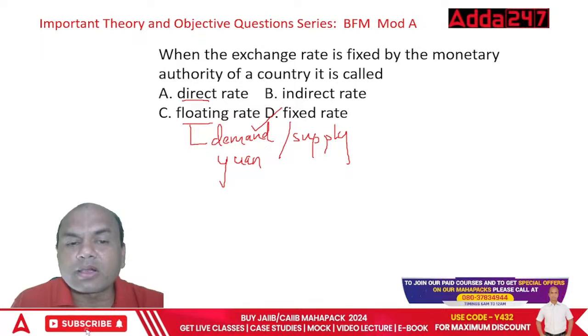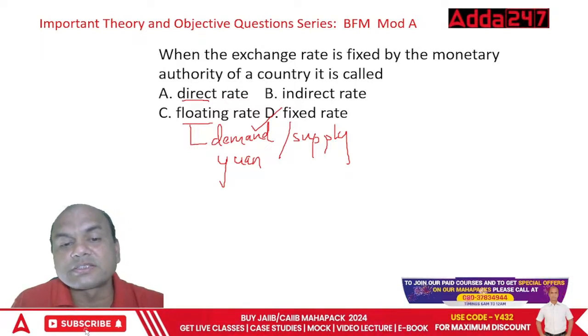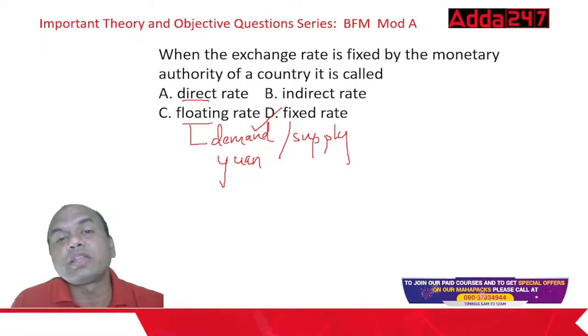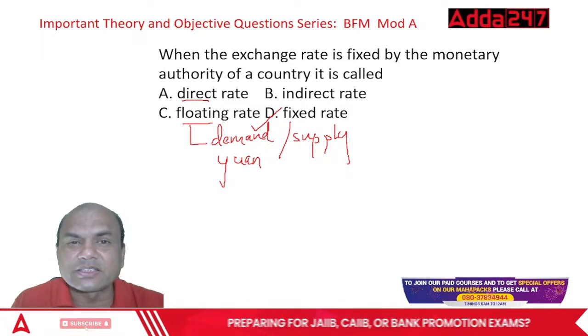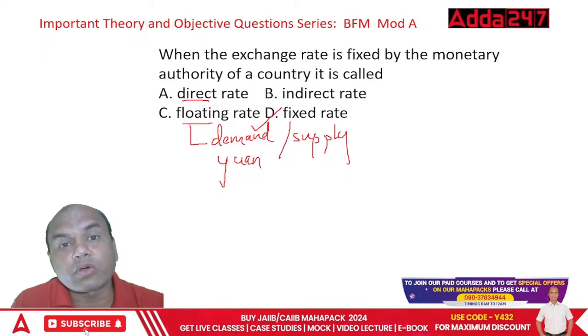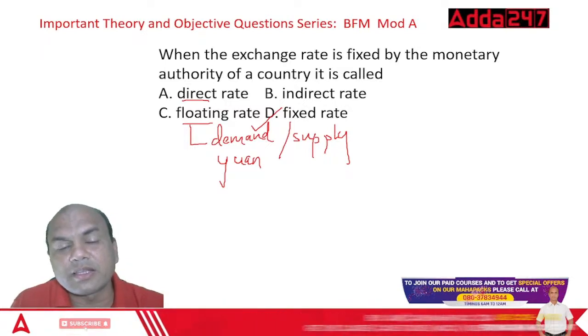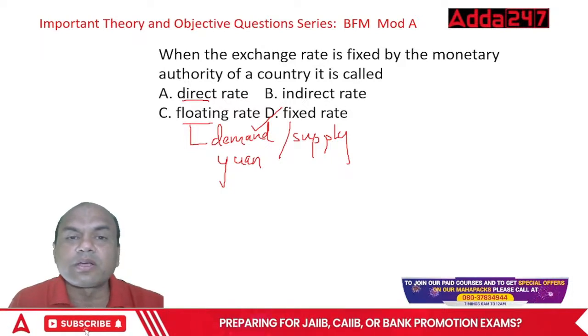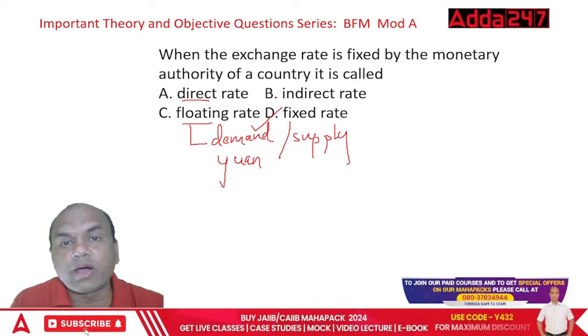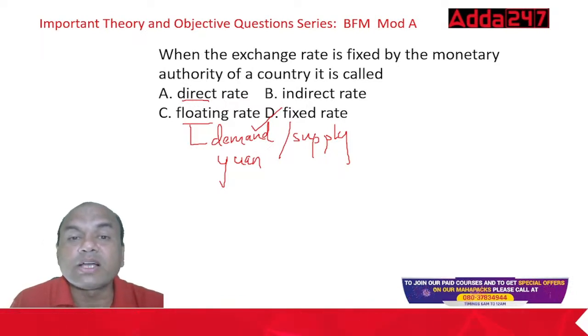But the government or the central authority interferes in this and reduces the rate whenever they want, increases the rate whenever they want. They have done this in the last 5-6 years. One day suddenly the Chinese bank decided to reduce the yuan rate by 7%. Who, why, when, don't know. This is known as quasi-fixed rate.